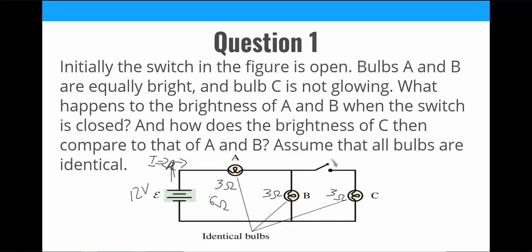I can figure out how much voltage is dropped across each one by using Ohm's law, V equals IR. So what's 2 times 3? 6. So I drop 6 volts here, and then 2 times 3 again is 6 volts here. And that's what the last slide was mentioning, to double check.